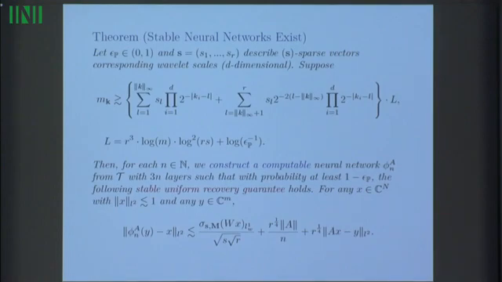So if you assume that your matrix is set up like that, then you can, for each n, explicitly construct a neural network phi_n with 3n layers, such that with probability at least 1 minus epsilon_p, the following stable uniform recovery guarantee holds.